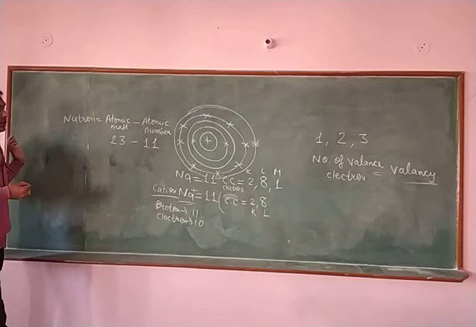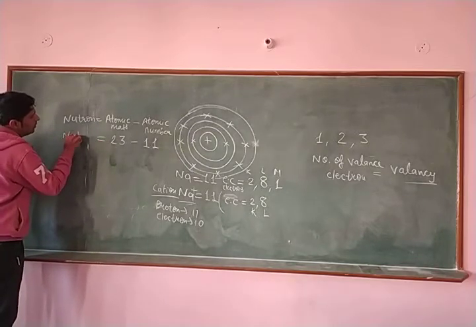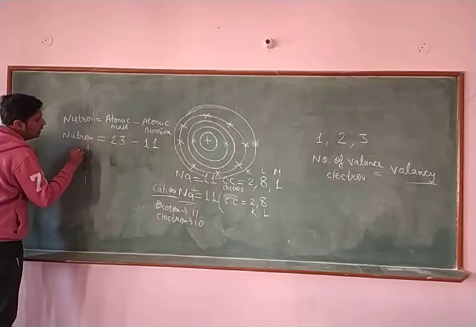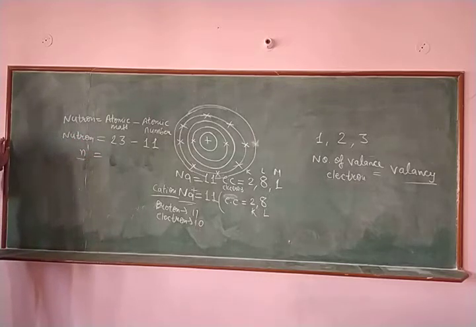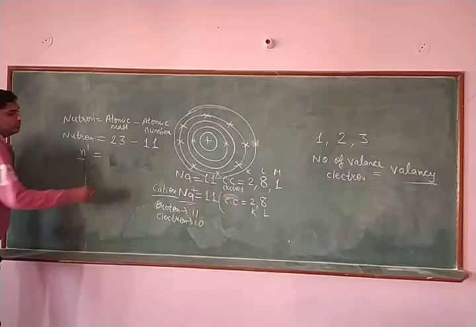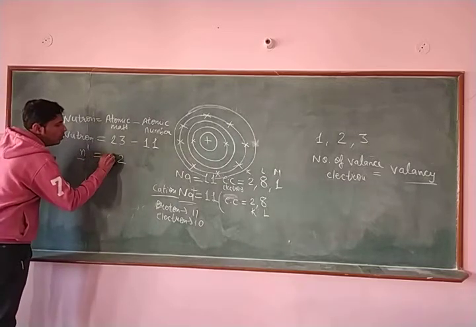So 23 minus 11. So it will give you the number of neutrons. Neutron will be denoted by small n. So how many neutrons? 12.